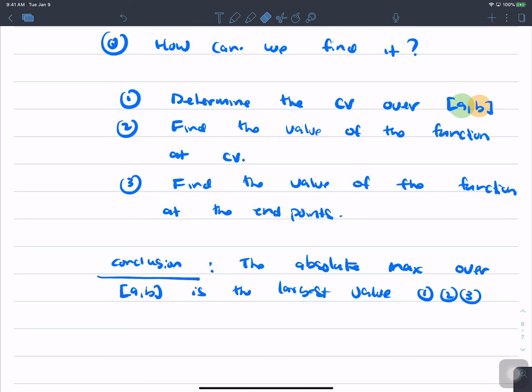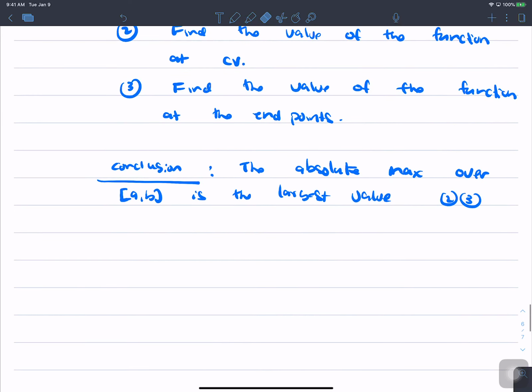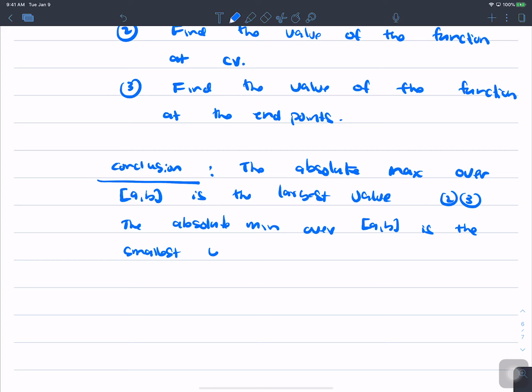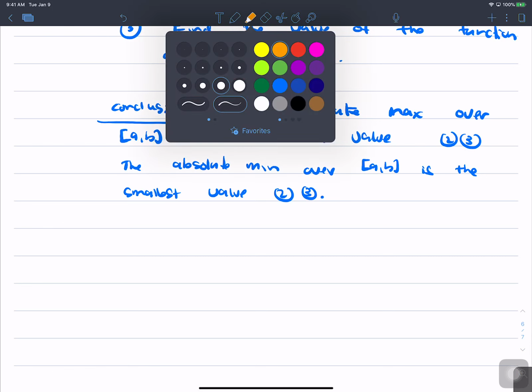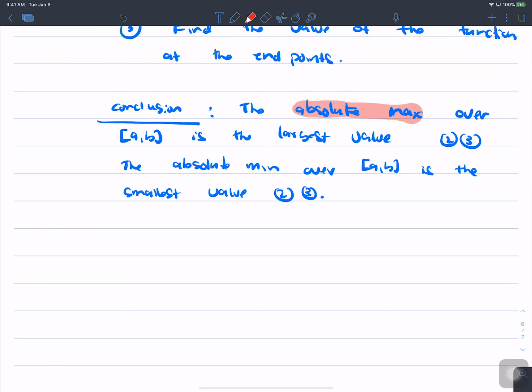Really steps 2 and 3. It's the largest value. And the absolute min over that interval AB is the smallest value in steps 2 and 3. So for the absolute max, you're going to get the largest value. And for the absolute min, it's the smallest value.